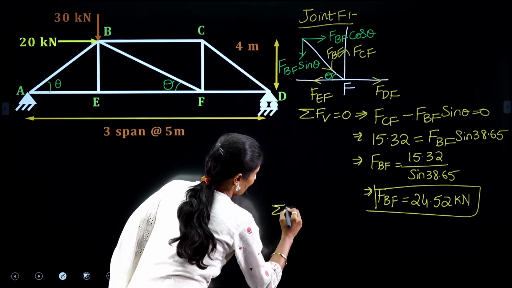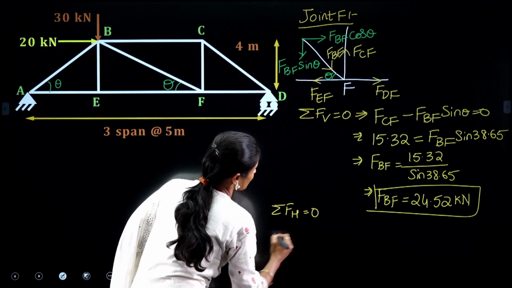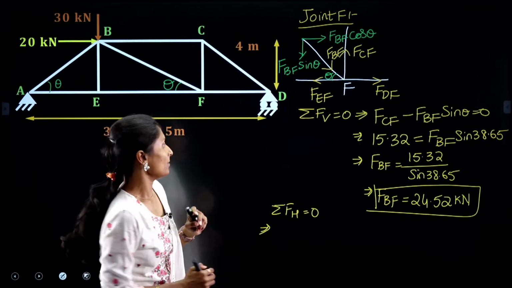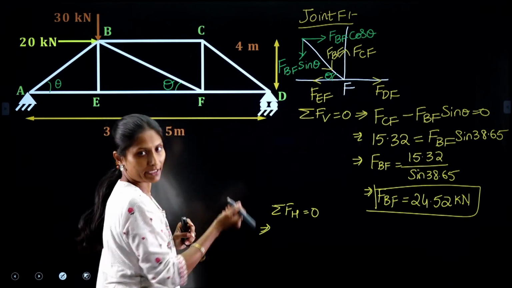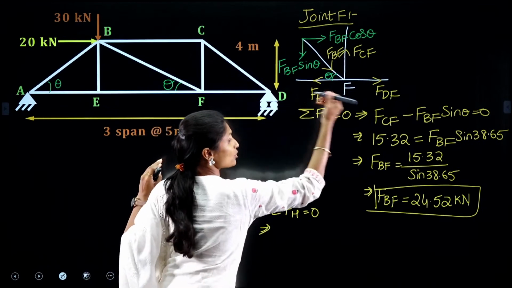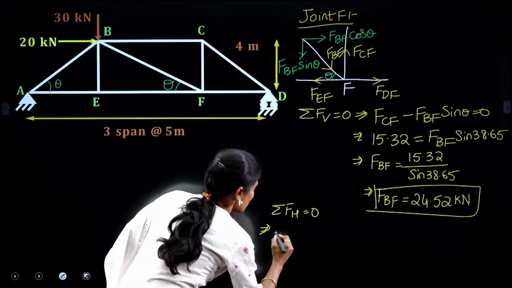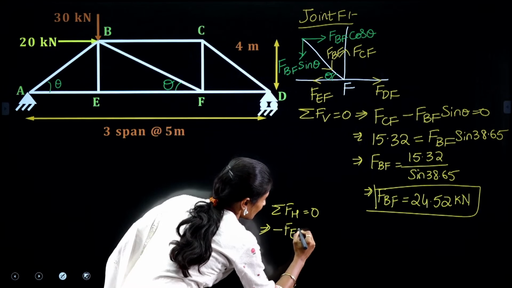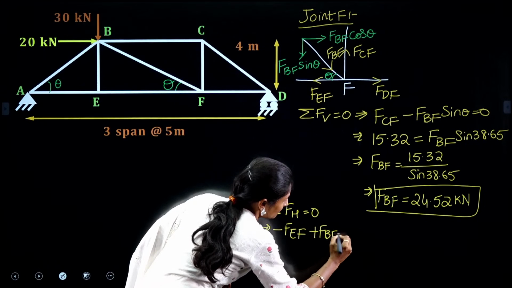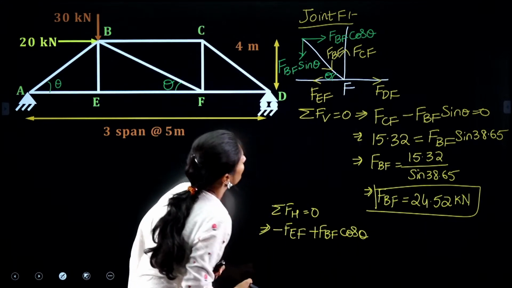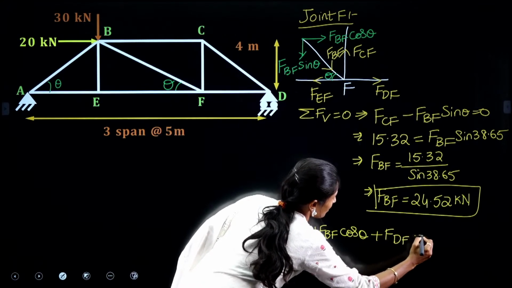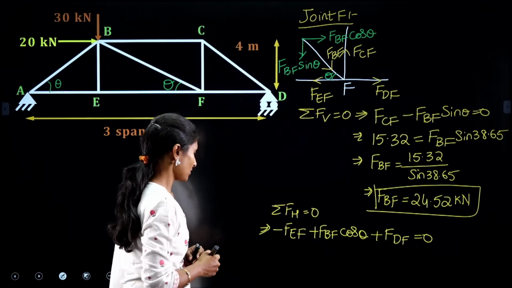Now, again, applying sigma FH equals to 0. How many horizontal forces are there? We are having 3. Forces acting towards my left are negative and towards my right are positive. So, minus FEF, then plus FBF cos theta and plus FDF equals to 0. Right?